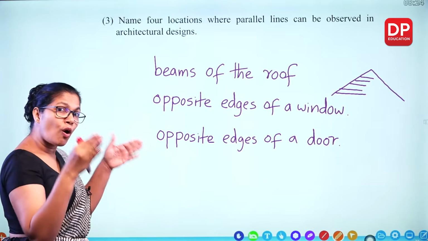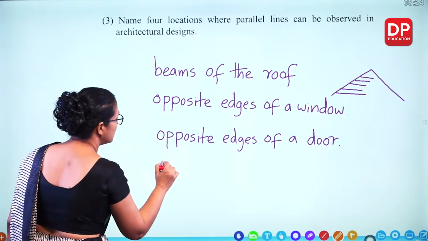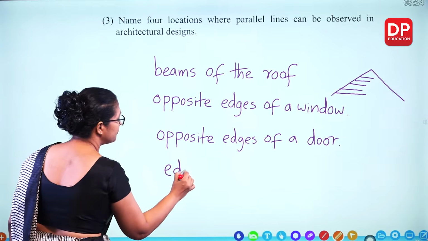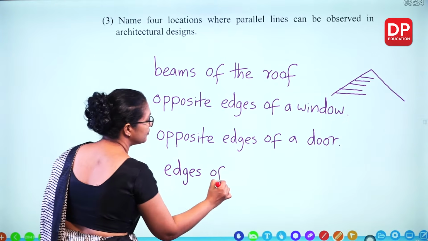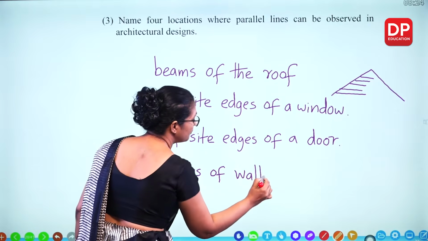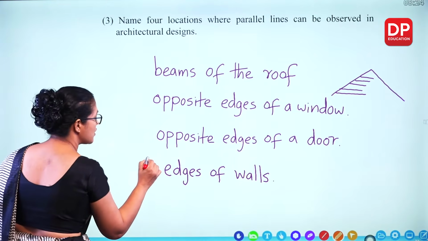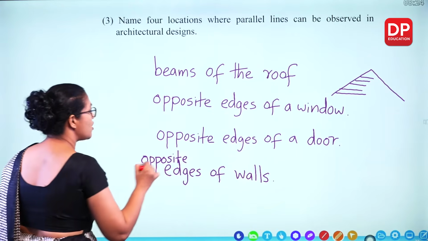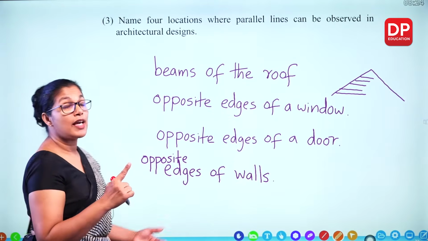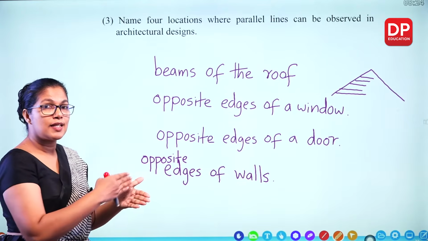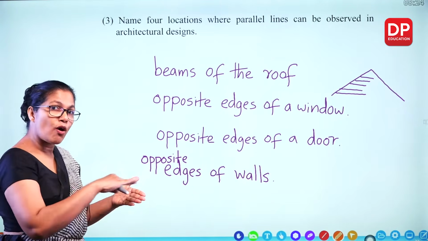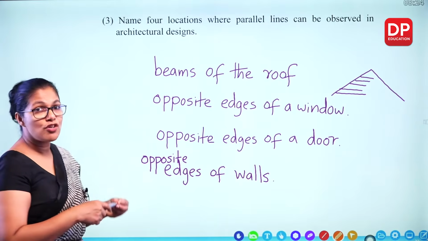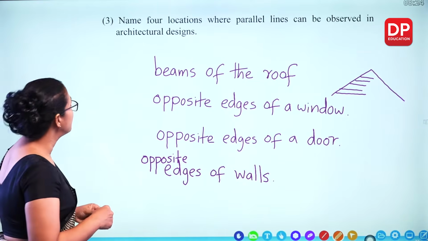And then walls, edges of walls. So we have to say opposite edges because not adjacent ones. Opposite edges of walls. When you take the concrete, so you get concrete wires also parallel. So you see lot of objects, lot of locations where you see parallel lines.